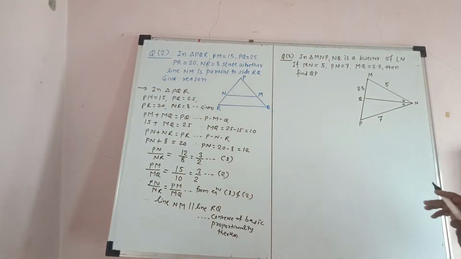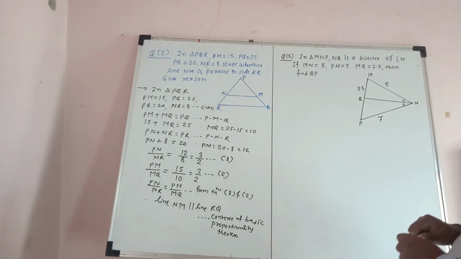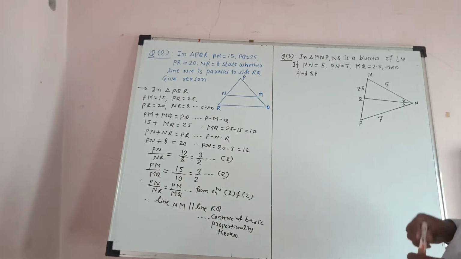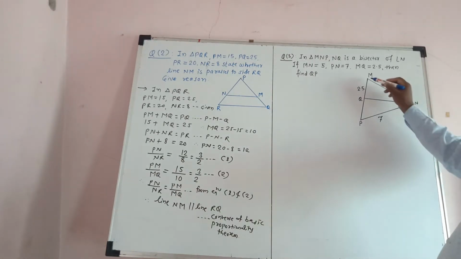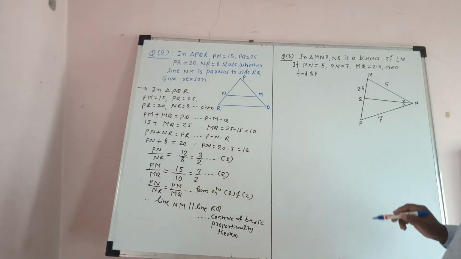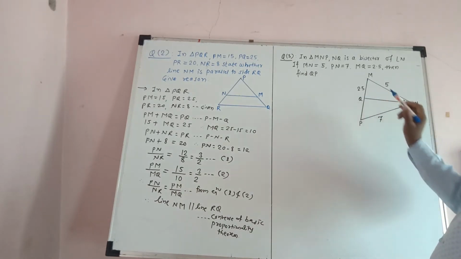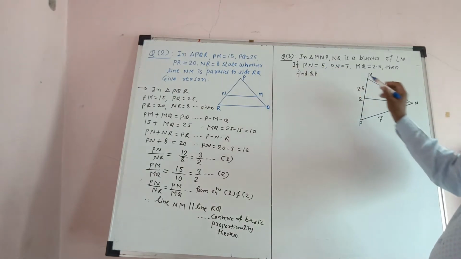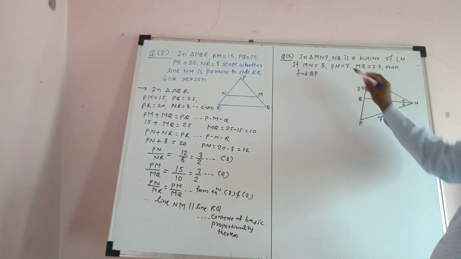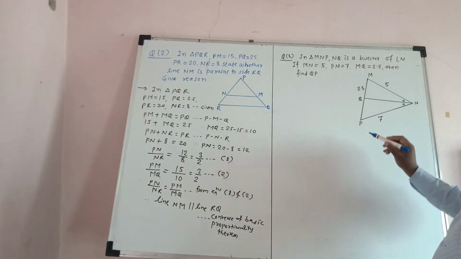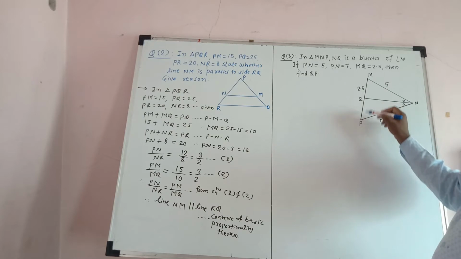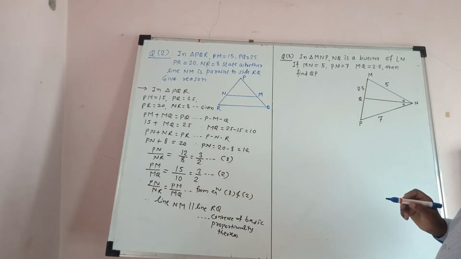Now let us solve example number 3. In triangle MNP, NQ is the bisector of angle N. MN is equal to 5, PN is equal to 7, MQ is equal to 2.5, and we have to find QP.